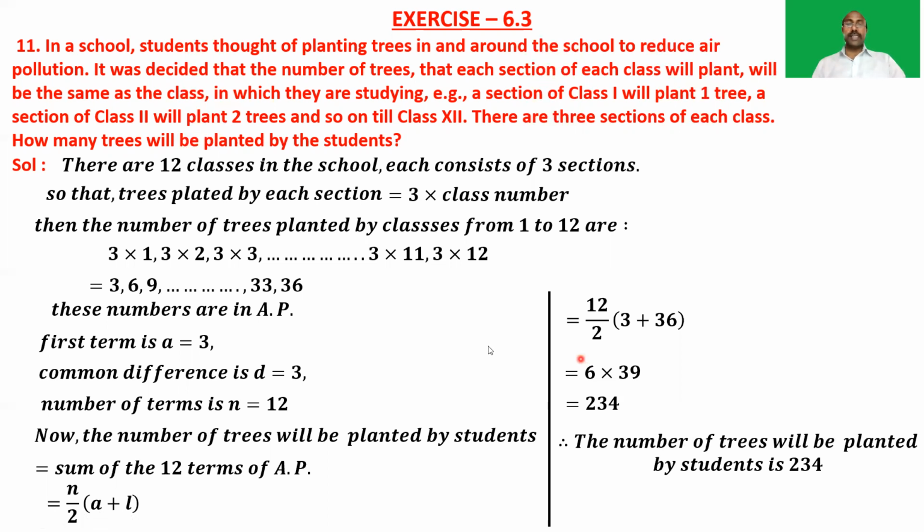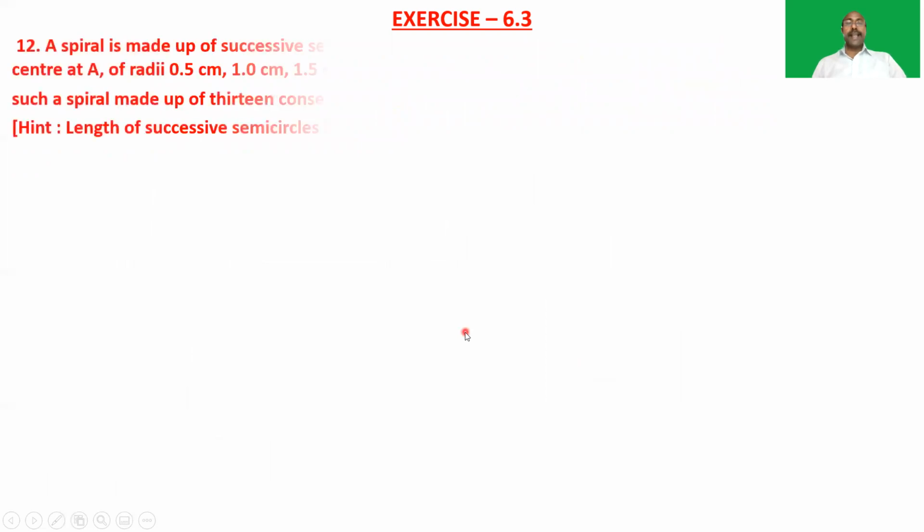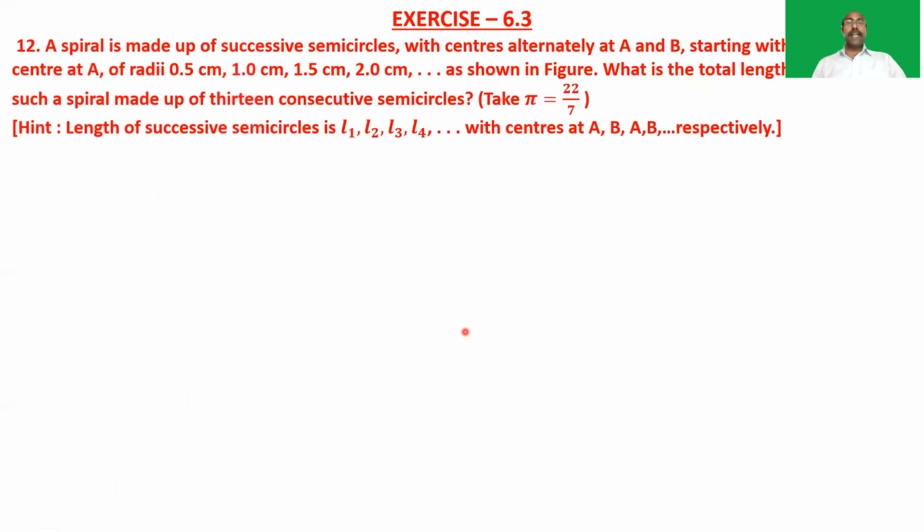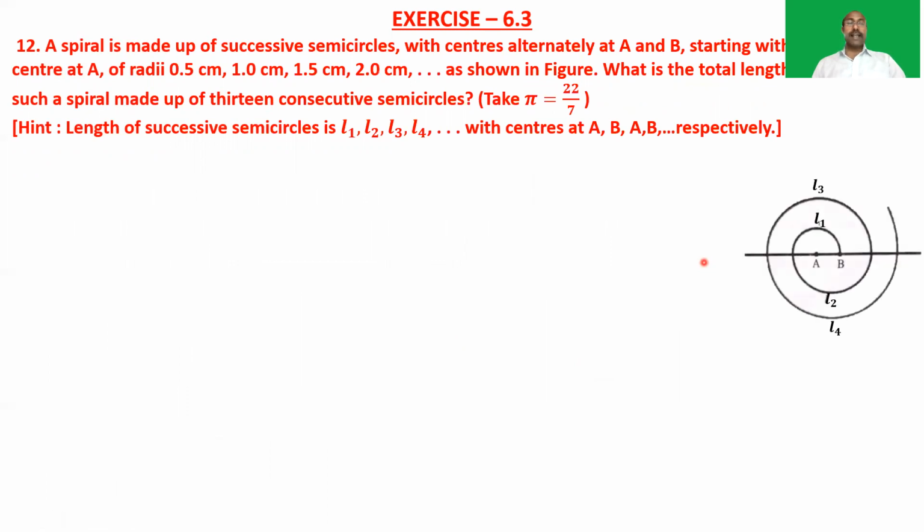Okay students, so take the 12th one. A spiral is made up of successive semicircles with centers alternately at A and B, starting with center at A, of radii 0.5 centimeter, 1 centimeter, 1.5 centimeter, 2 centimeter, like that, as shown in the figure.